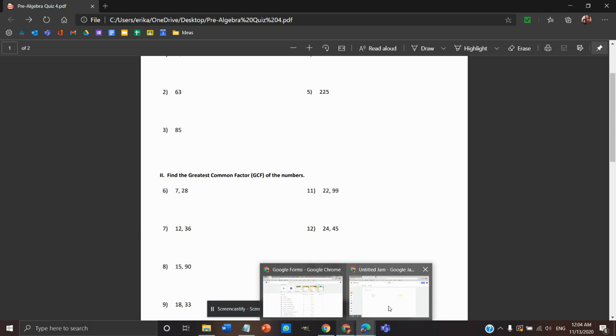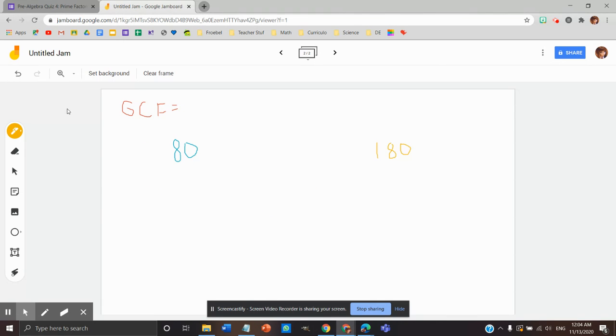So let's continue here in my Jamboard. I'm going to change the color because I'm doing number 80. I'm going to prime factor it just like I did before. And I know that 80, I can factor it: 8 times 10 is 80. And 8, I can simplify, right? I can look for the prime factors of 8.